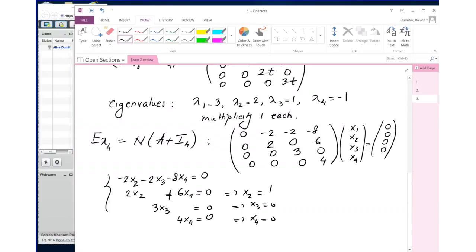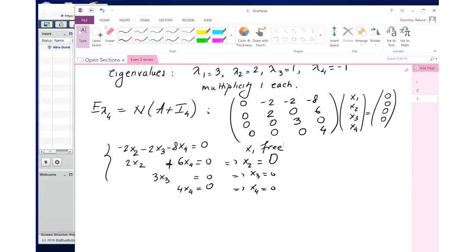So x3 is 0, x4 is 0, x2 is 0. And we don't know anything about x1. That's the problem. We don't know anything about x1, because it doesn't show up in any of the equations.